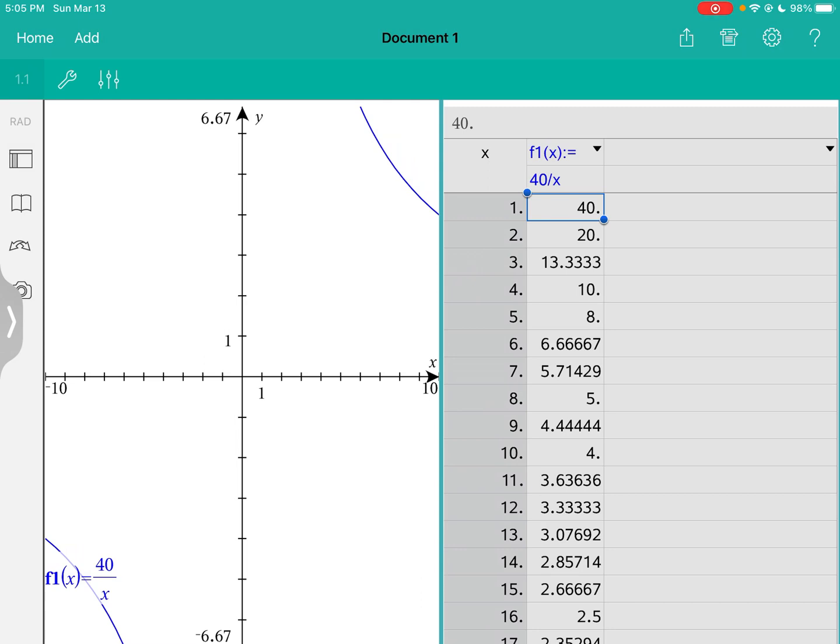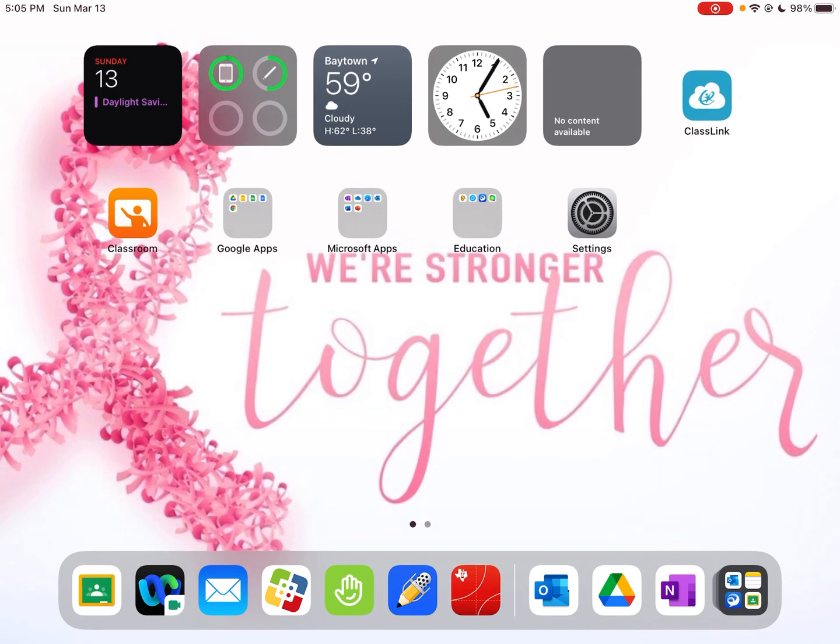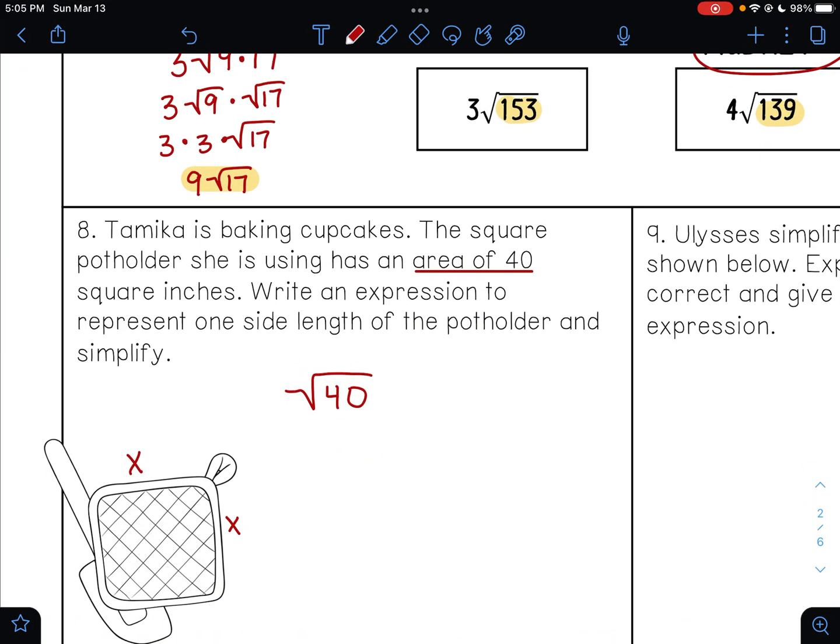Winner, winner, chicken dinner. 4 is our largest perfect square. So I break this down to the square root of 4 times 10. Then I have the square root of 4 times the square root of 10. And the square root of 4 is 2. The square root of 10 is not perfect, so we leave it there. And it is inches.